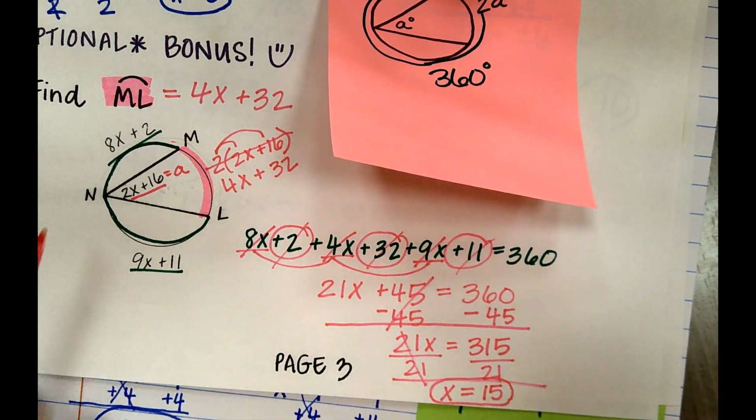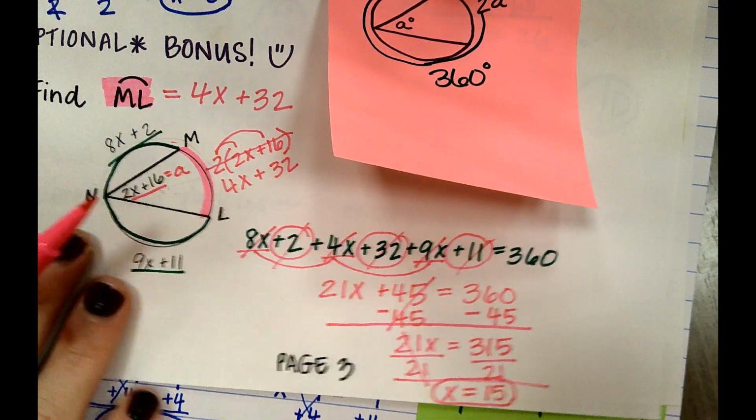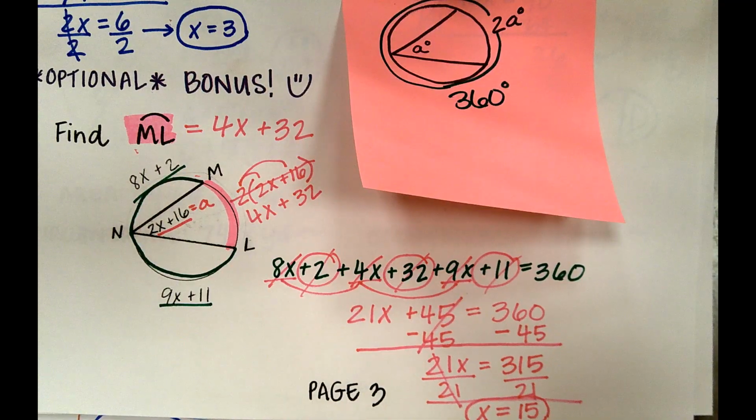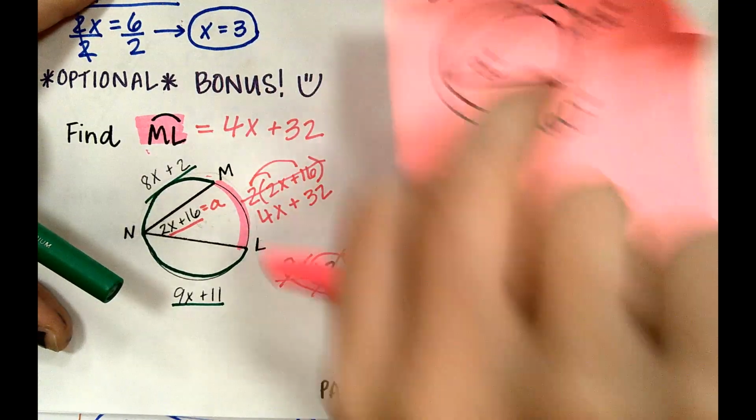So you can earn a bonus point for solving for x. You can earn another point for finding the measure of that arc ML. Now that I know x is 15, I'm just going to plug it in to 4x plus 32.